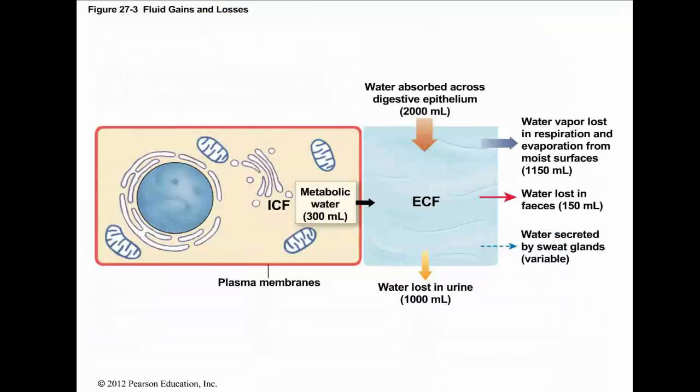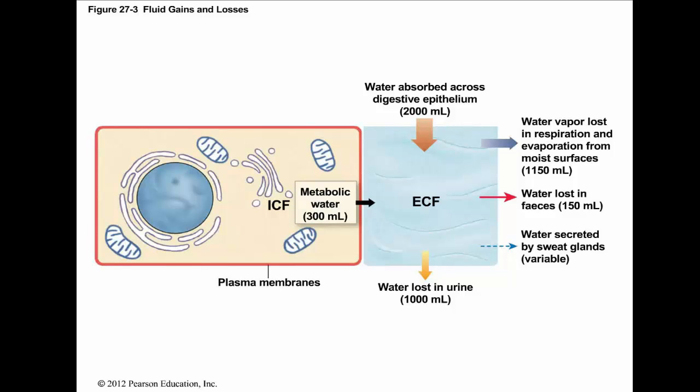Here we have a red line representing the plasma membrane, and that's the intracellular environment, and then we have the extracellular fluid. Metabolic water is water that is made from the byproduct of chemical reactions, from the hydrolysis of nutrients.